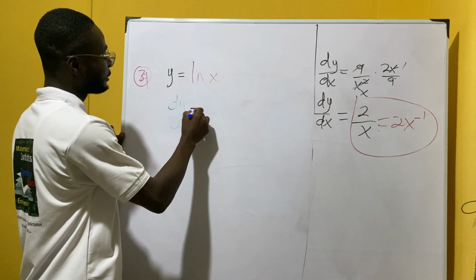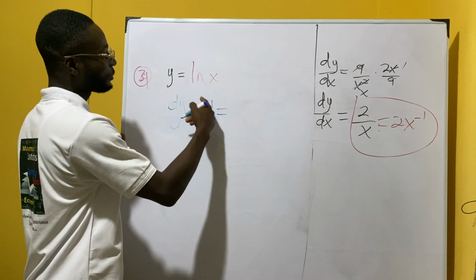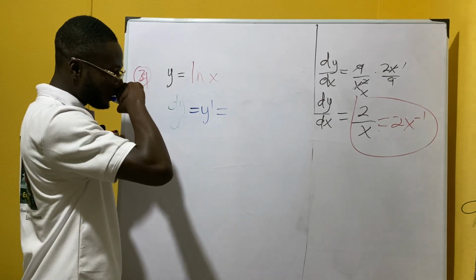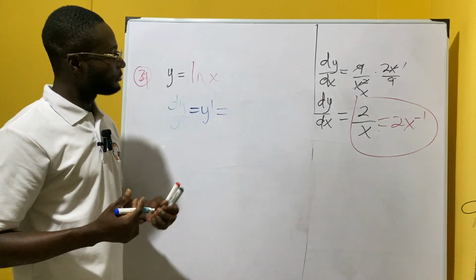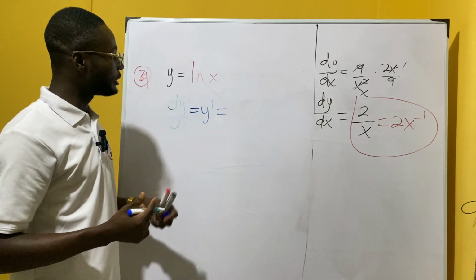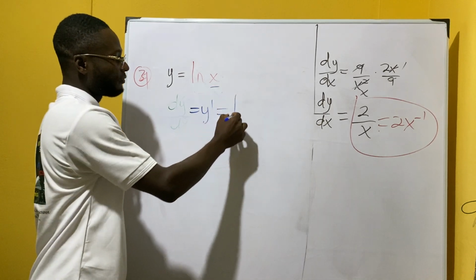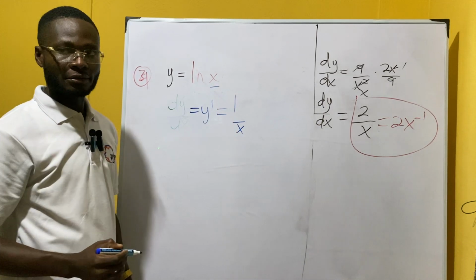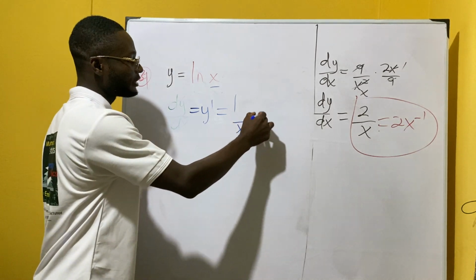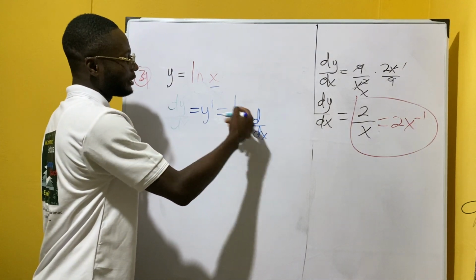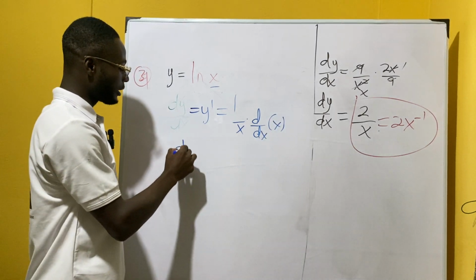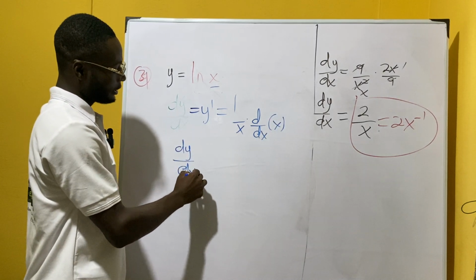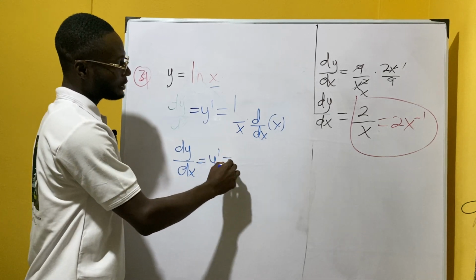The first derivative, which is equal to this, we all know that the same knowledge that we were using, we take 1 over this, times the differential of the x. So we have dy/dx, which will be equal to this.